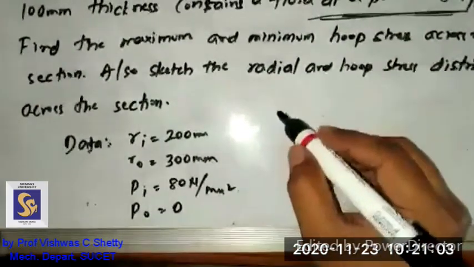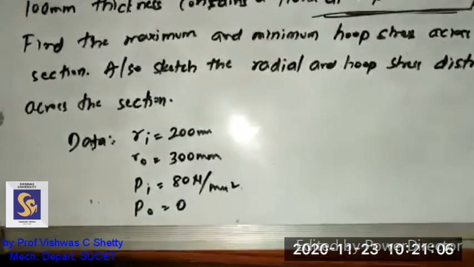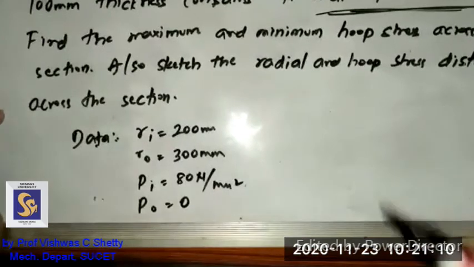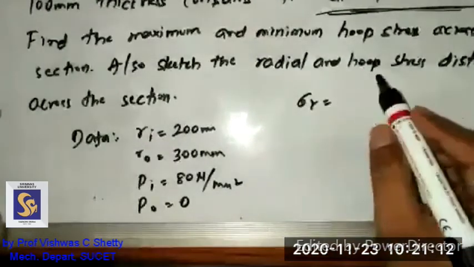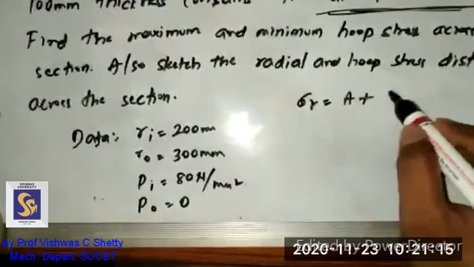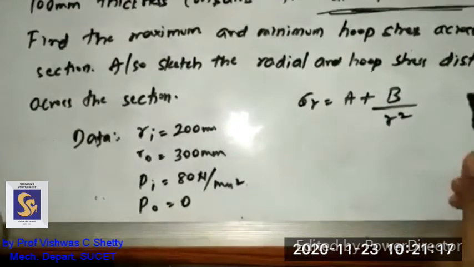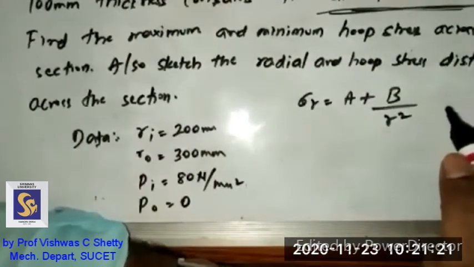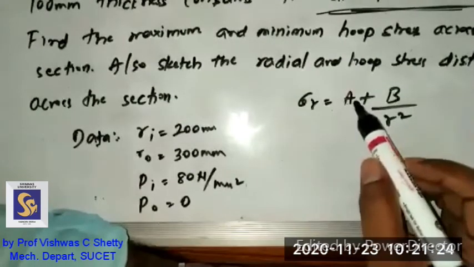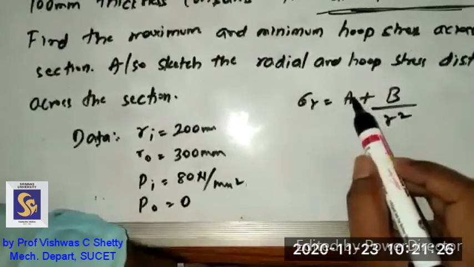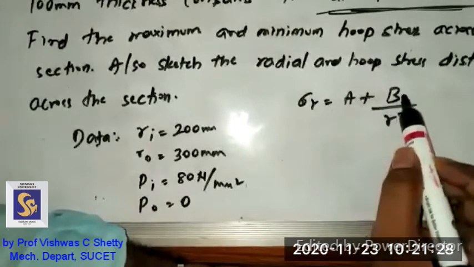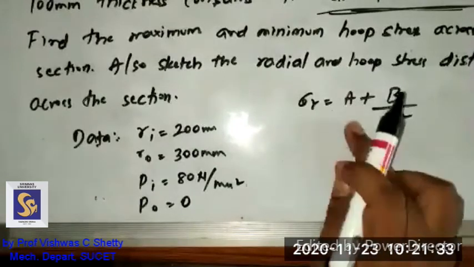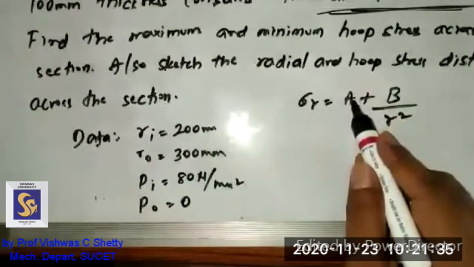Take the Lame's equation. What is Lame's equation? Sigma r, the radial stress, is A plus B upon r square. First our idea is to find these two constants. If we are able to find these two constants, then it is easy for us to see the stress variation. So the unknowns are these two.